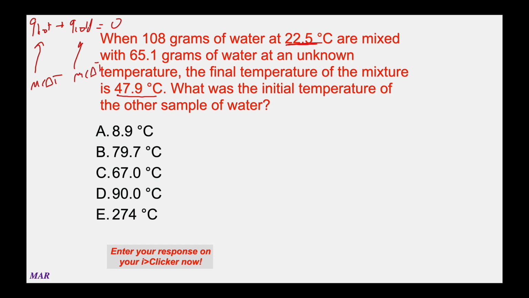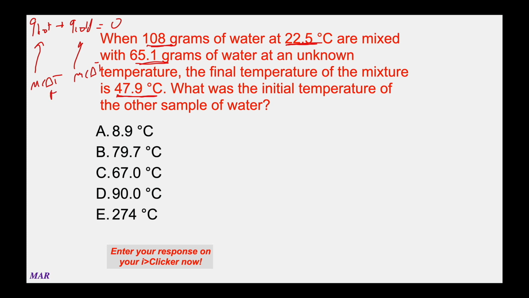C is the heat capacity of water, and I hope you know that number or can look it up quickly. I'm not going to tell you until I answer it. Anyway, the cold has a mass of 108 grams. The hot has a mass of 65.1 grams. And delta T for the hot is going to be final, 47.9, minus the initial hot temperature, Ti. And that's what you want to solve for.